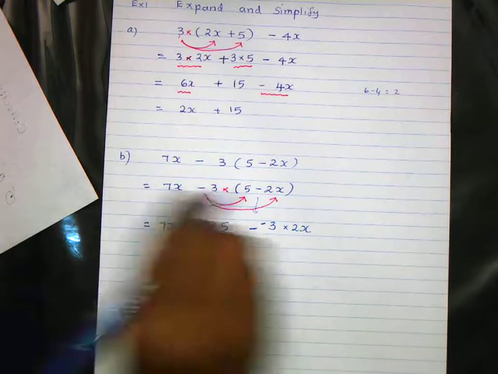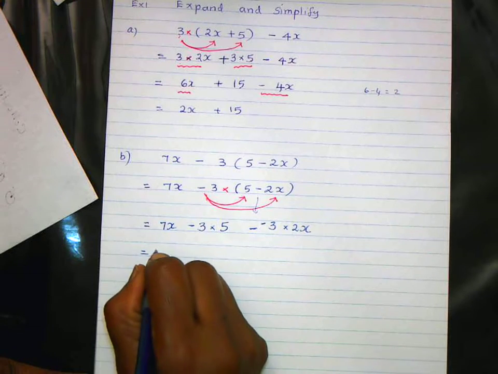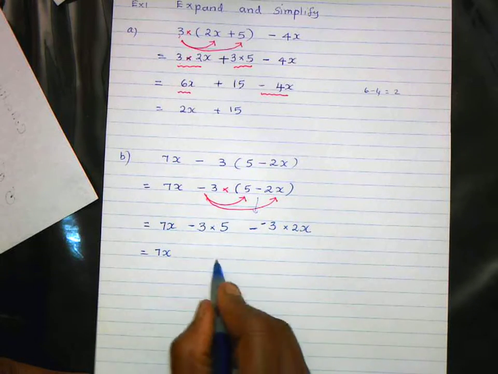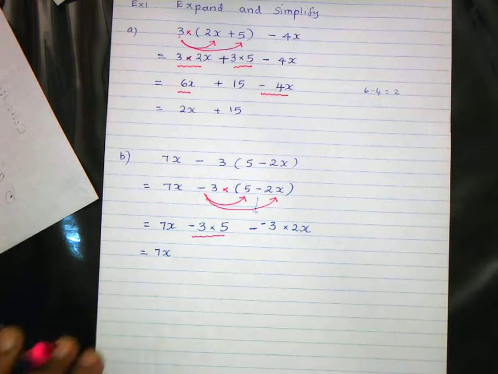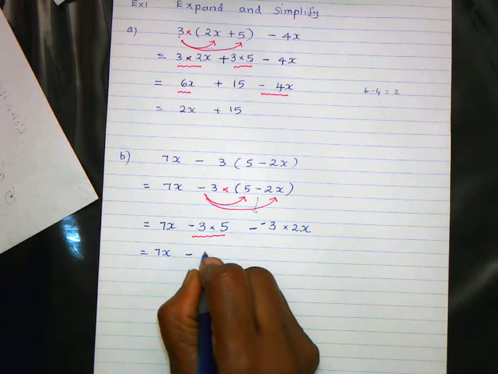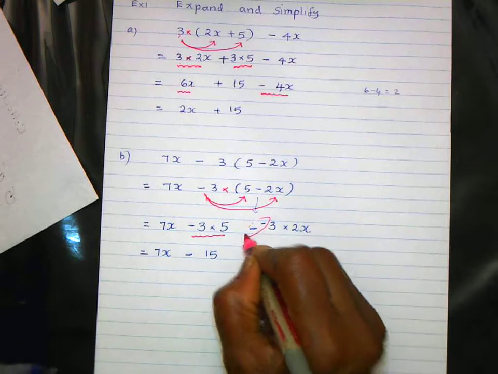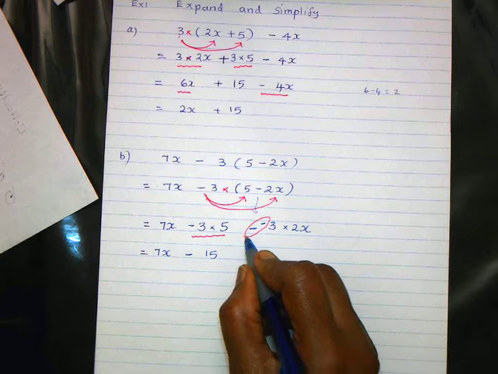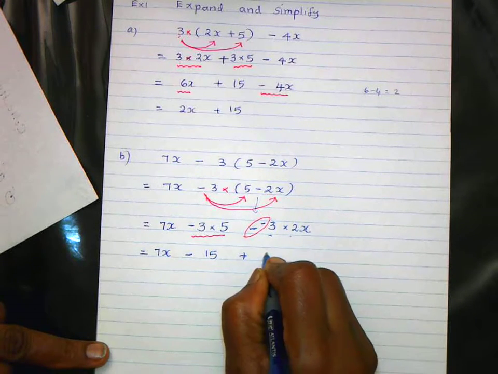Now next line, I can't do anything with 7x, so we write it as it is. Then I can simplify this term, minus 3 times 5 is minus 15. Then when you see this part, you see two numbers with the same sign, minus of minus becomes plus, then 3 times 2, which is 6x.